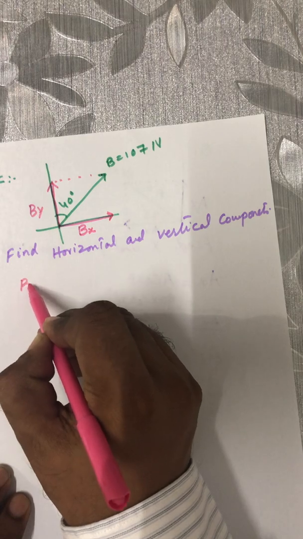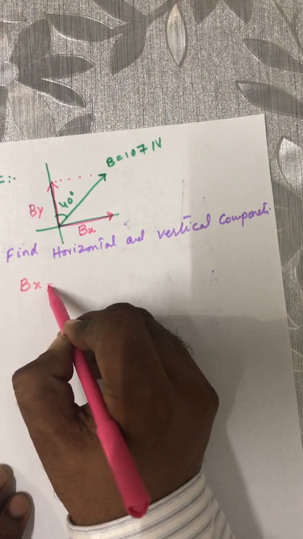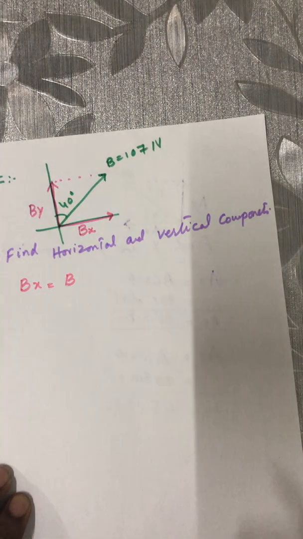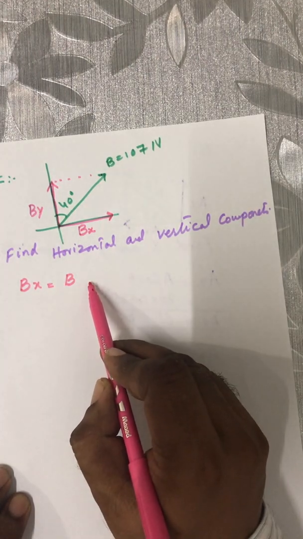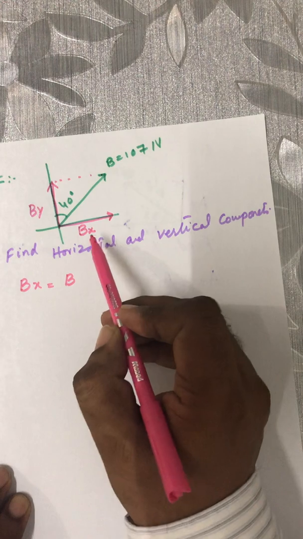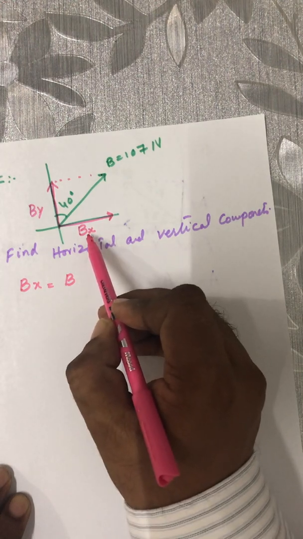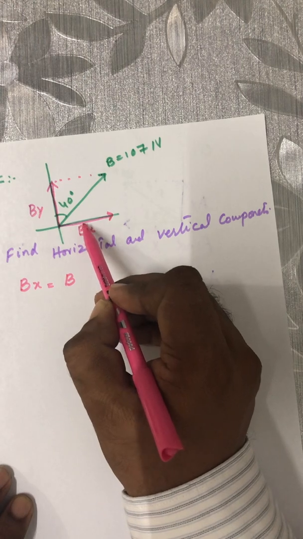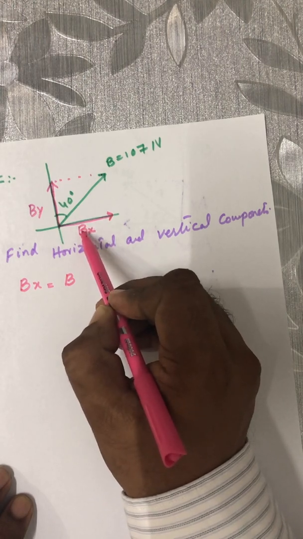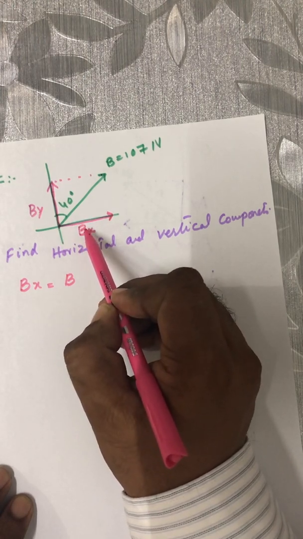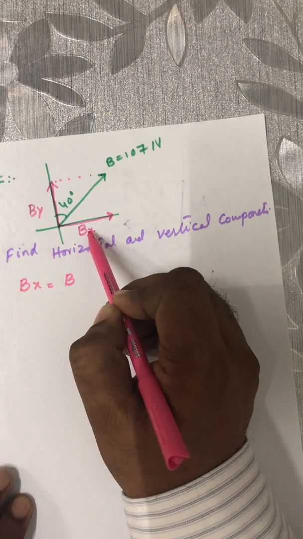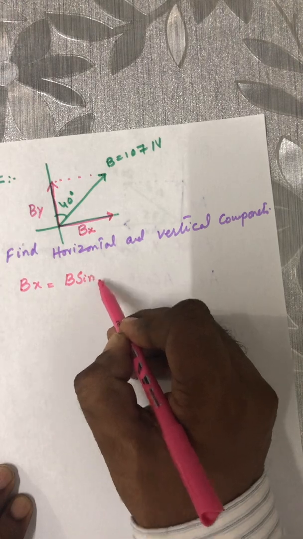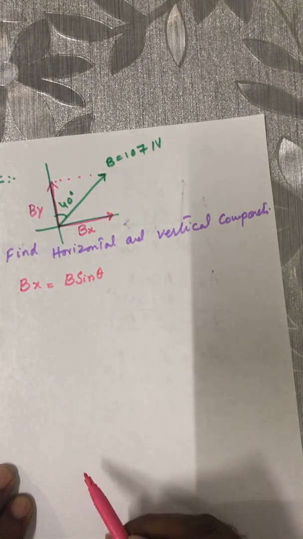Now find Bx. Bx is equal to B. We have to think whether to use sine theta or cosine theta. Here I can see from the diagram that the angle is not adjacent to the x component of vector B. As I told you, the component which is not touching the angle will have sine theta.